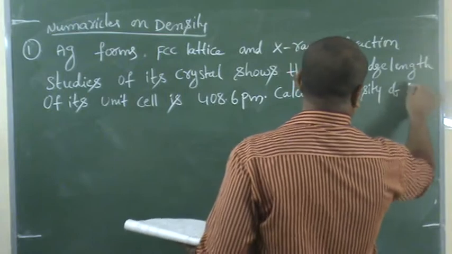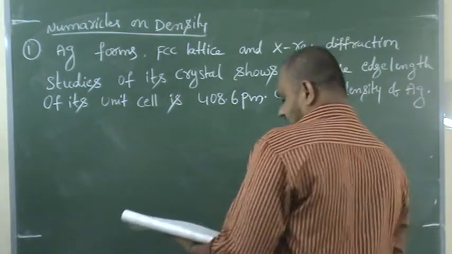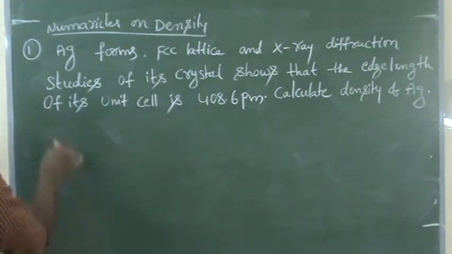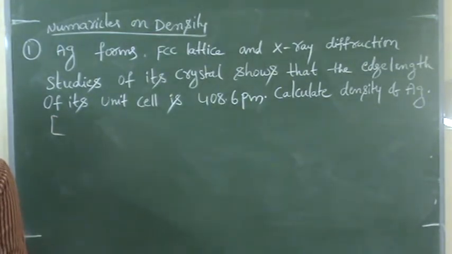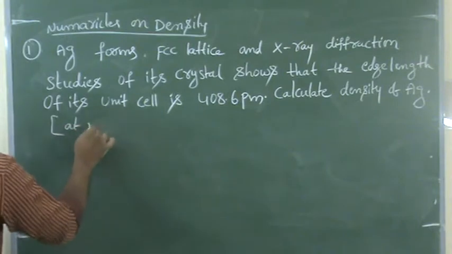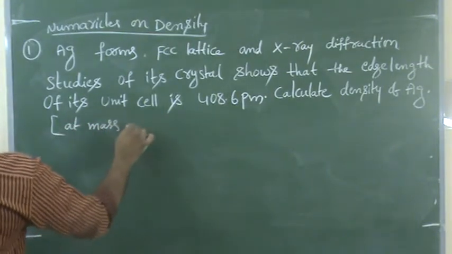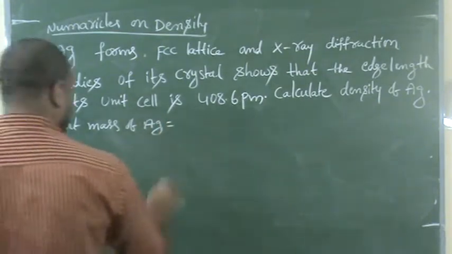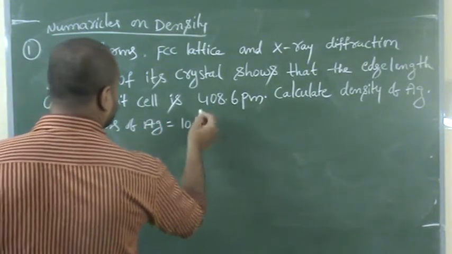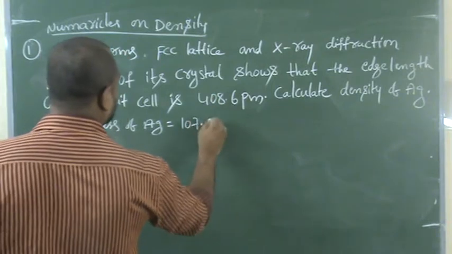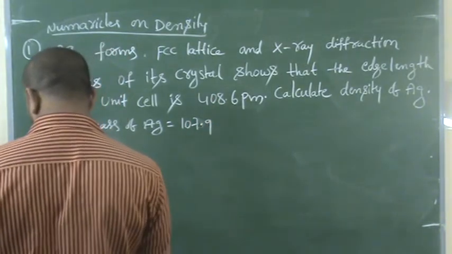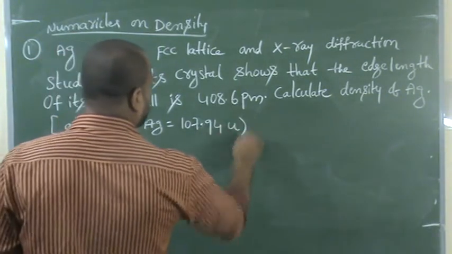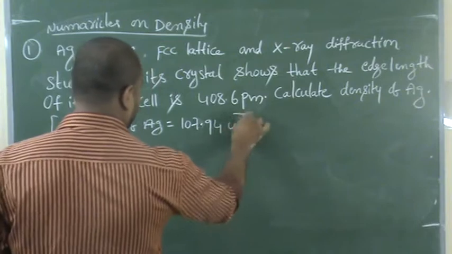Calculate density of Ag. Here, atomic mass of Ag is equal to 107.94 u, that is unified mass.